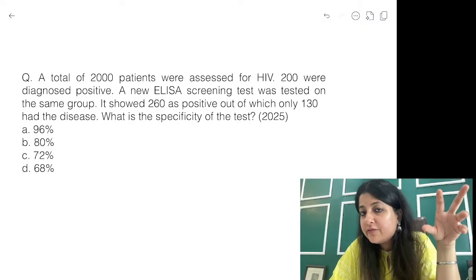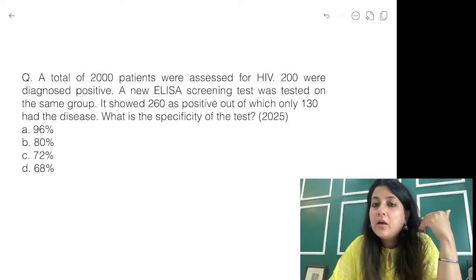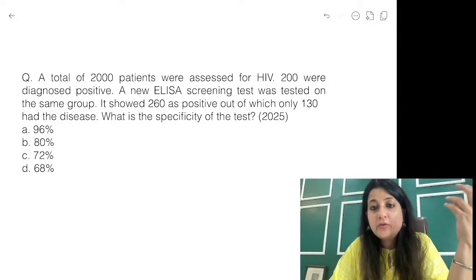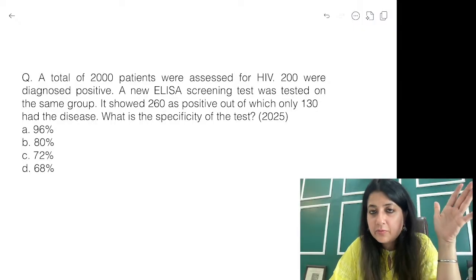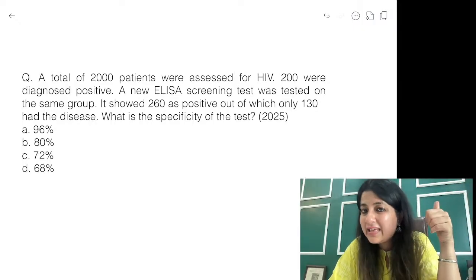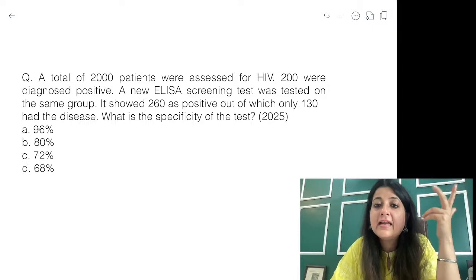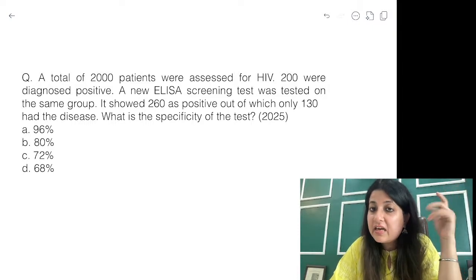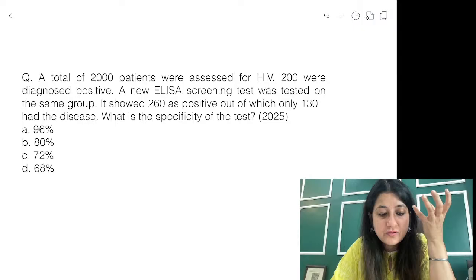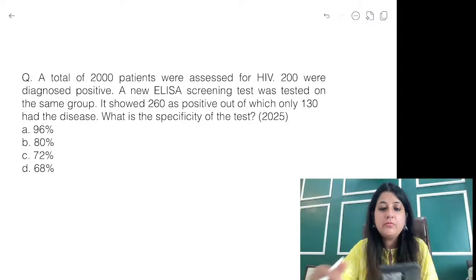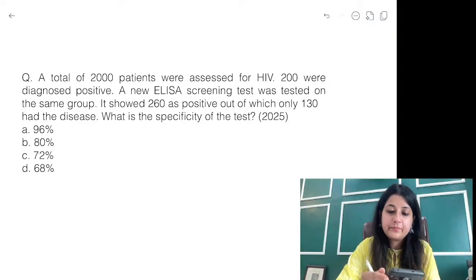What all values have been given to us. ठीक है, now I know it could be tough, but हमें कैलकुलेटर मिलता है. Try to figure out A क्या है, B क्या है, C क्या है, D क्या है, specificity का formula क्या होता है. ठीक है, just try to figure out that and then you will be able to mark it.